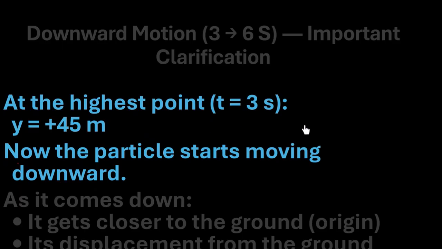I said that the displacement becomes smaller in value. It is reducing. Therefore, when the object is coming down, y will decrease from 45, not to minus 40, rather to plus 40, plus 30, and eventually to 0.